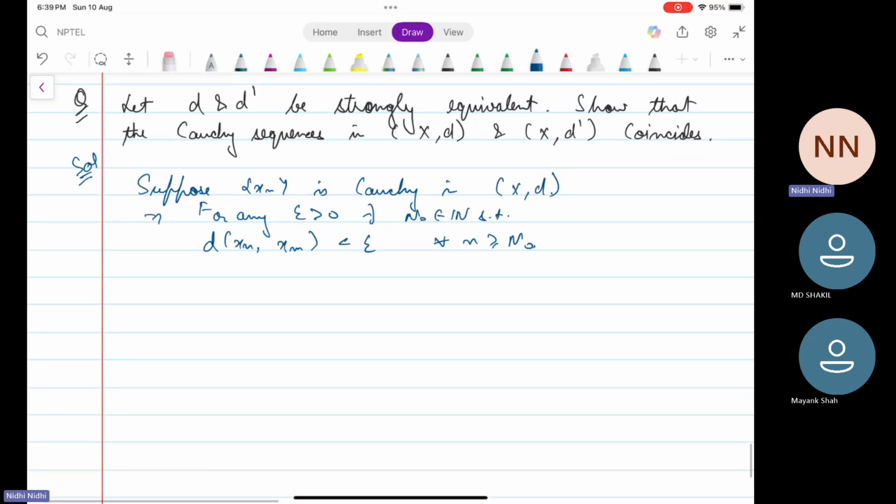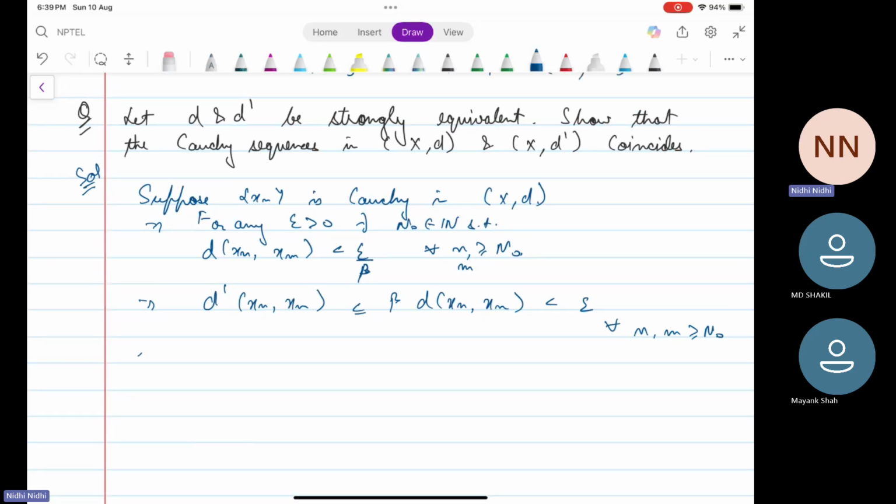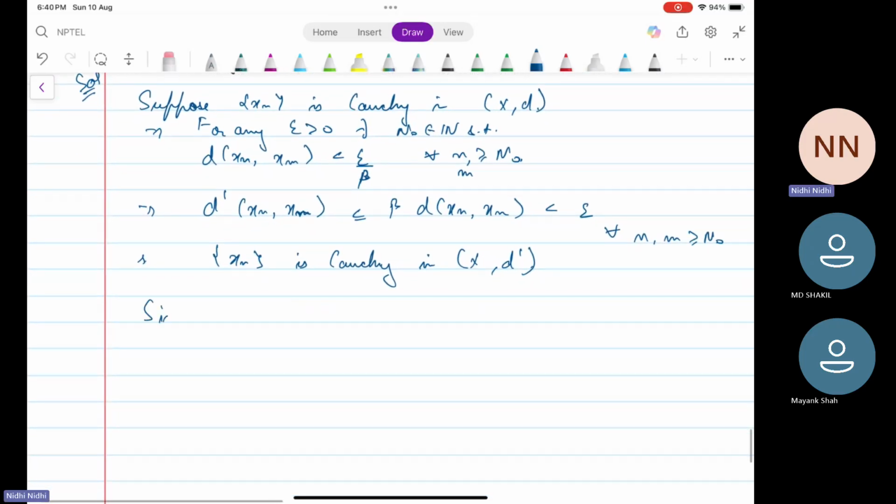Now since D and D prime are strongly equivalent, we get D'(Xn, Xm) is less than or equal to some beta times D(Xn, Xm). This will be less than epsilon if we take epsilon by beta here, for all n, m greater than or equal to n naught. This implies Xn is Cauchy in (X, D'). Similarly, you can see the converse part.